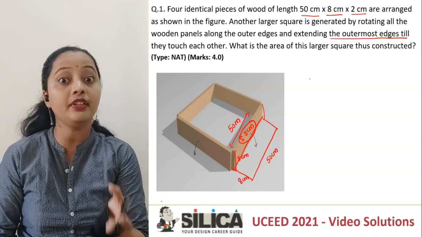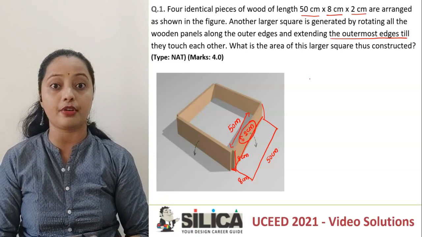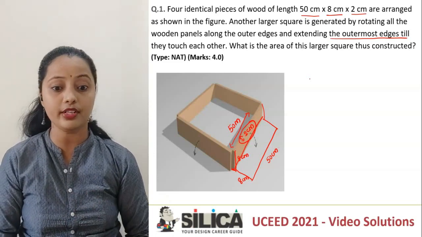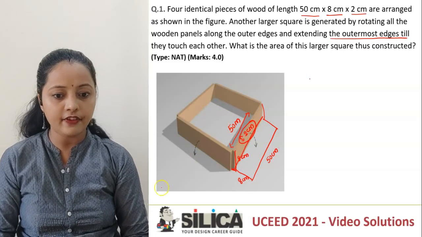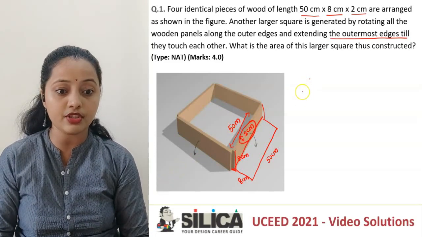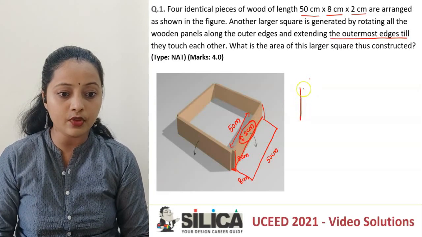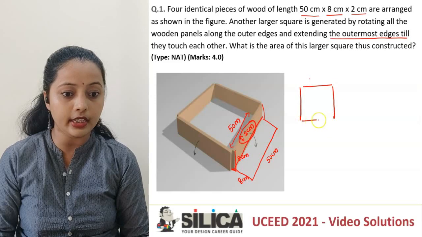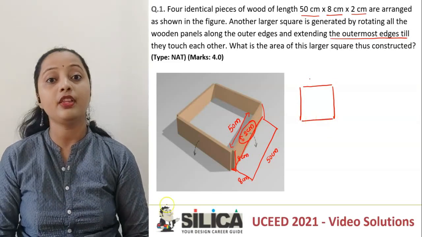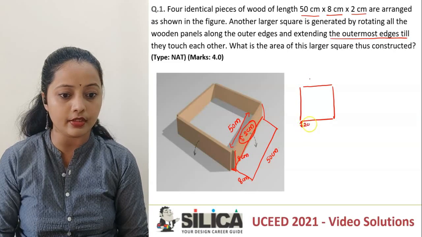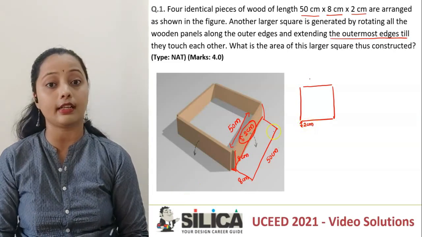So when you open it up, that will also contribute to the length of the new square that is going to get generated. So if with this 3D structure I need to draw it in 2D, how would the new structure form? These 4 lines that I am drawing would be the inner square. Now when it falls over, this 2 centimeters over here would be the thickness that gets added.